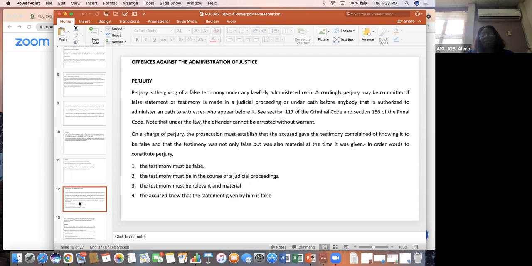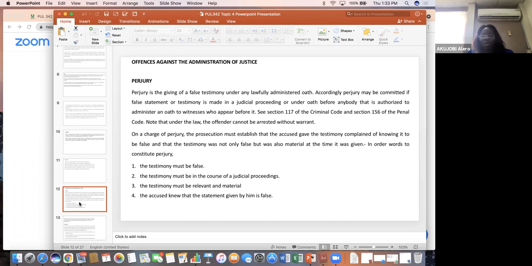Basically, the testimony must be false, like we have said. The testimony must have been given in the judicial proceeding. It's not when he goes outside and starts talking. It is what he testified before the tribunal, before the court, before those that have been lawfully constituted, and all of it done under oath. It is very important to know that it must be under oath.